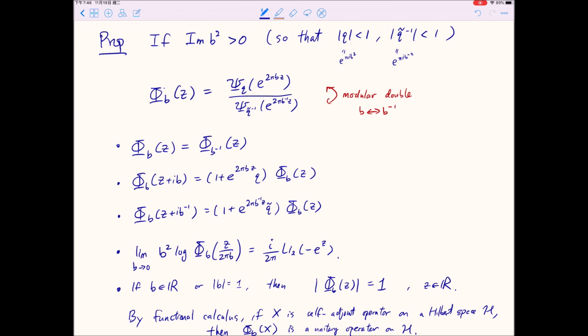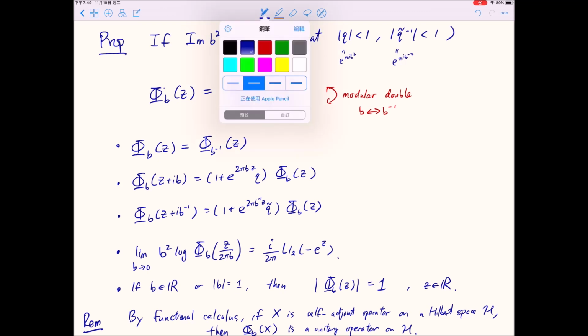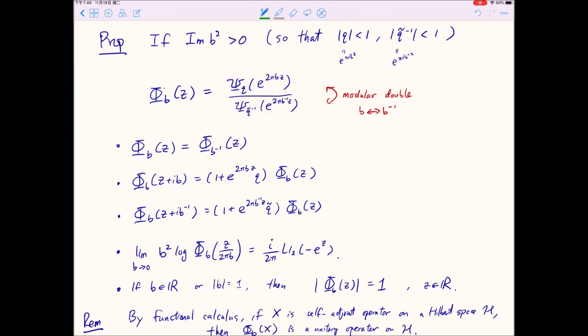That will provide many intertwining operators giving unitary equivalence between different representations. So this is kind of a remark. If you're not familiar, it's fine. Self-adjoint is the usual meaning of self-adjoint, right?